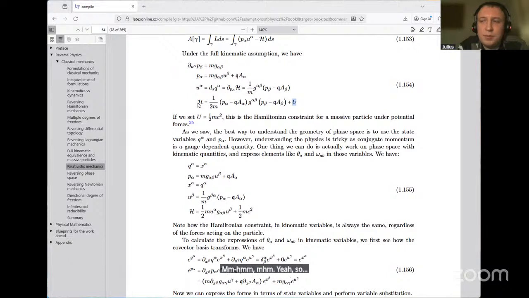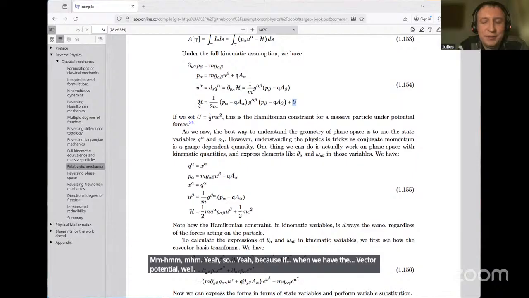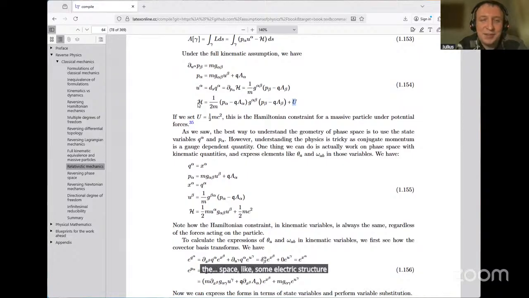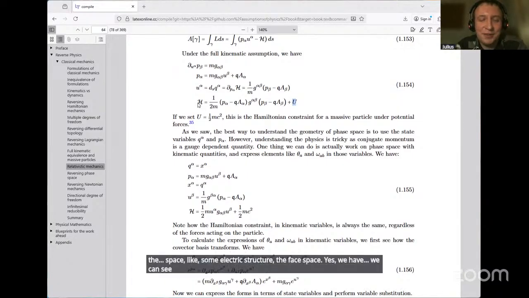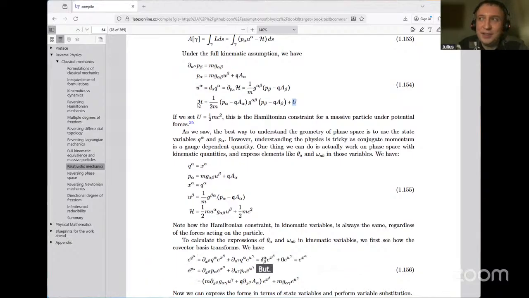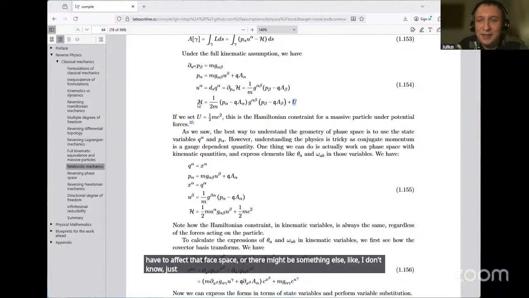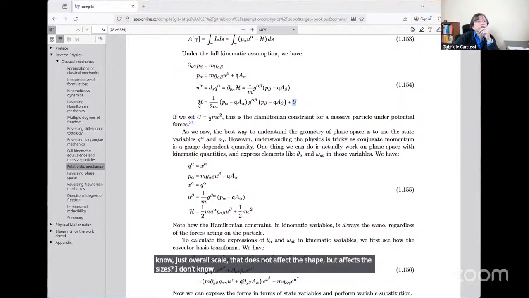Because when we have the vector potential, we can see how it directly affects the symplectic structure, the phase space. We can see in the symplectic form that there is this shearing effect. But does it mean that all potentials have to affect that phase space, or there might be something else, like just an overall scale that does not affect the shape but affects the sizes? I don't know if that makes sense.